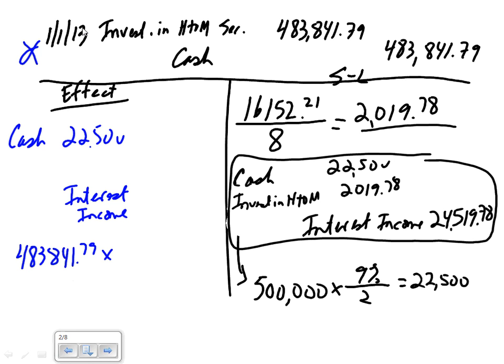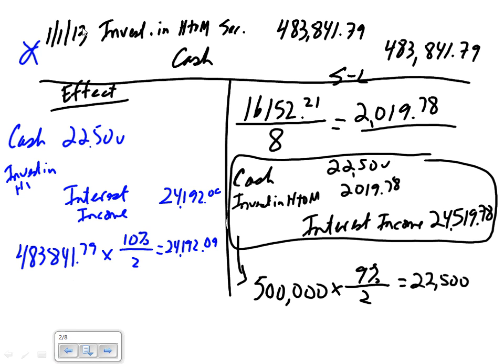The effective interest rate on this was 10%, but it's semi-annual, so I'm going to divide it by 2. And so my interest that first period is going to be $24,192.09.